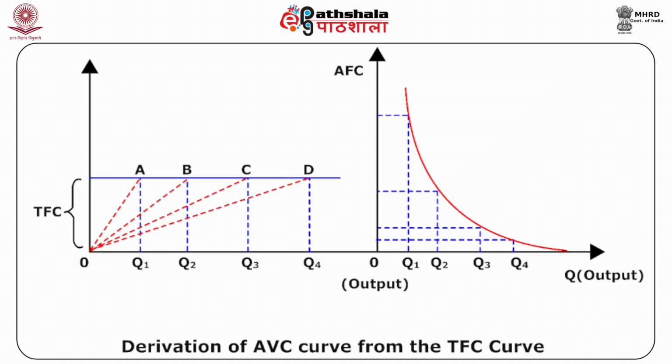Therefore, you would see that we have a curvilinear graph which represents average fixed cost. It is convex to the origin, and at each point the area under the curve would always be equal to the total fixed cost. So, if we consider this, then it would be obvious that AQ1 upon OQ1, which was the slope in the first diagram, would always be greater than BQ2 by OQ2 and so on.